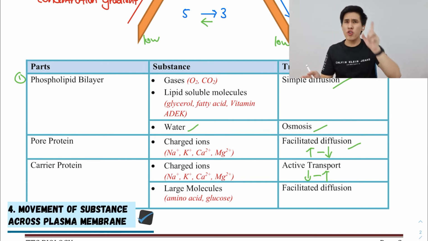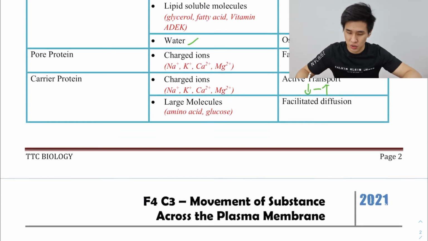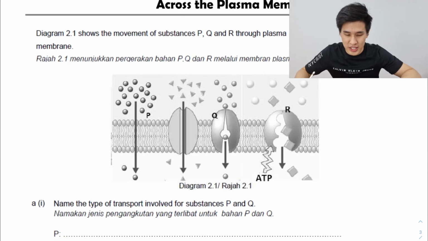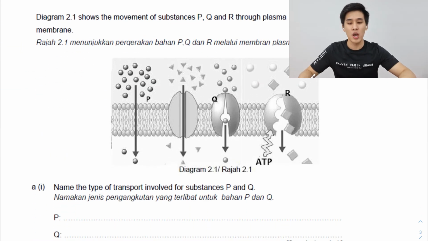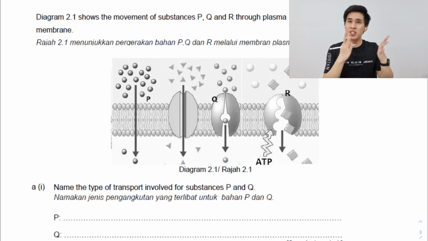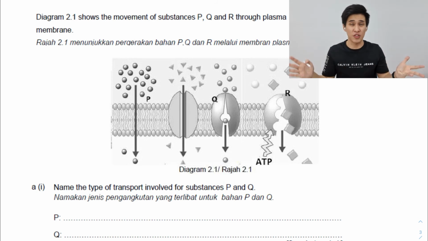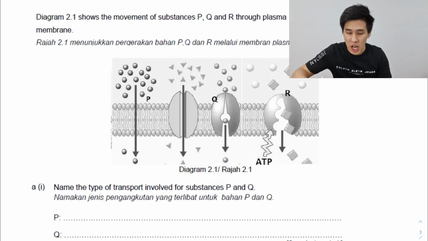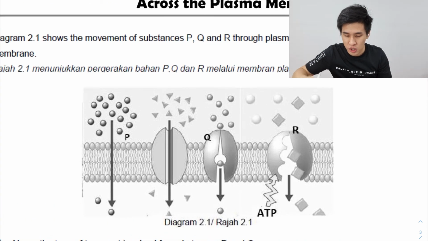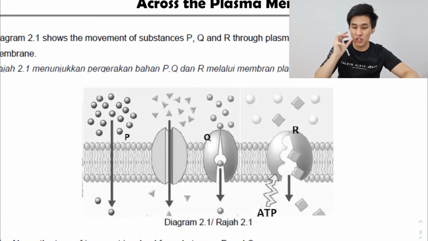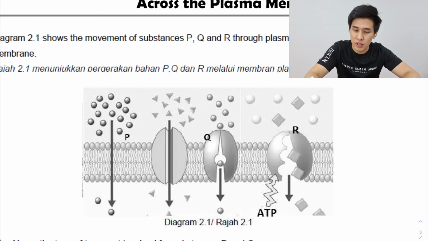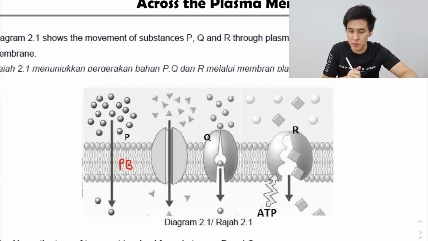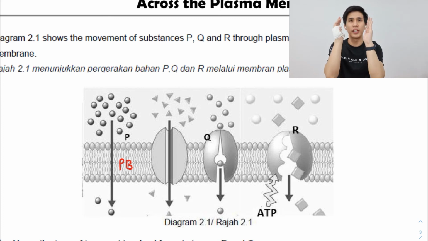Now, let's try one example question. A very, very common question. You can see over here, we have different substances passing through different parts of the membrane. First things first, you have to make sure you can identify each of the parts. P, very simple, it's passing through the main entrance. And this triangle thingy here is passing through a straight line, not moving.